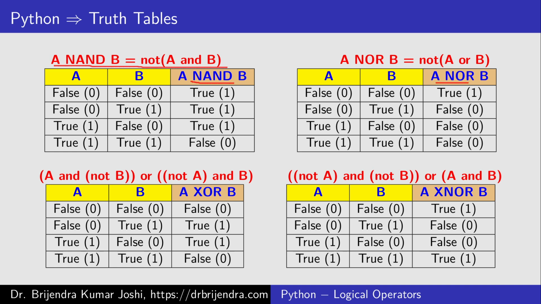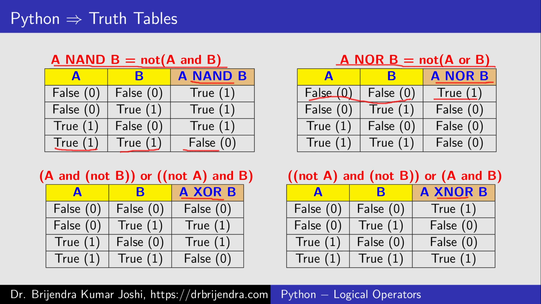Similarly, A NOR B, which is nothing but this one, then A XOR B and A XNOR B. In case of NAND, A NAND B would be false if and only if both A and B are true. Similarly, A NOR B would be true if and only if both A and B are false.